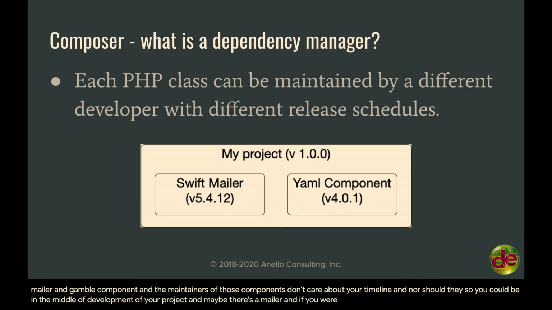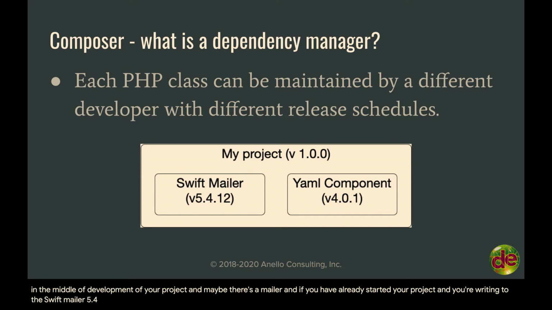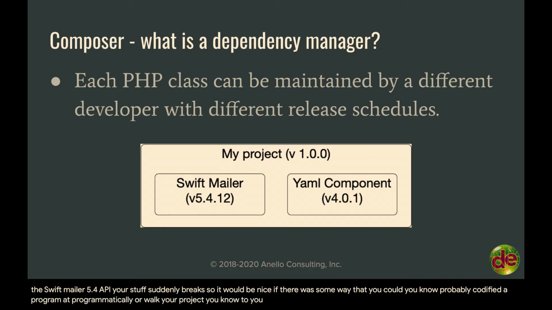And if you've already started your project and you're writing to the Swift mailer 5.4 API, and suddenly it's 6.0, your stuff suddenly breaks. So it would be nice if there was some way that you could codify or programmatically lock your project to use a specific version or maybe a specific range of versions of your dependencies.